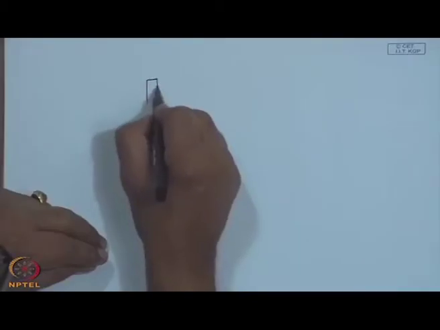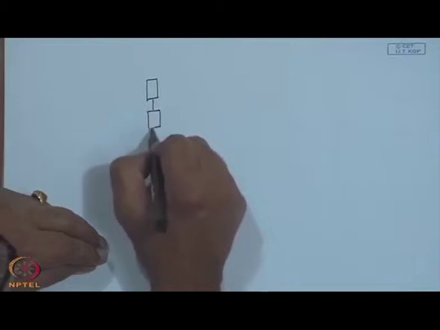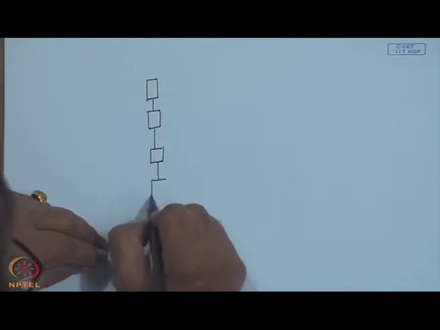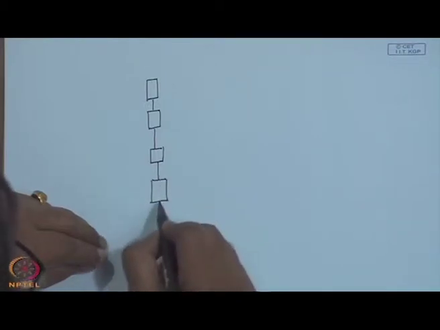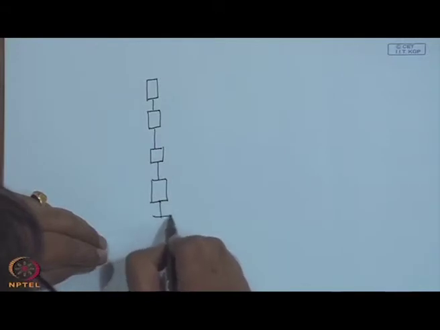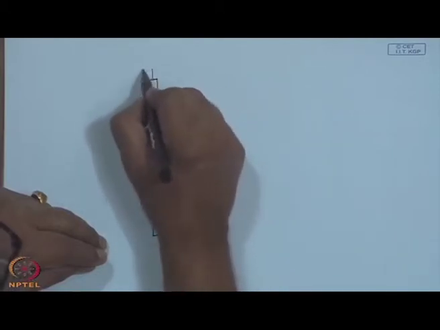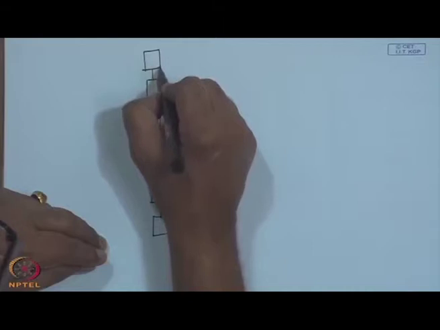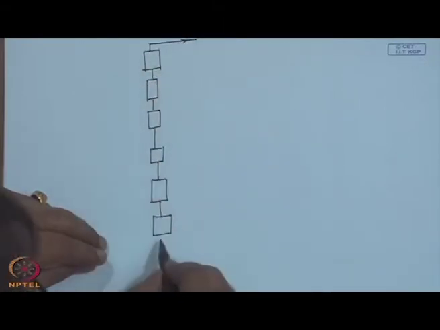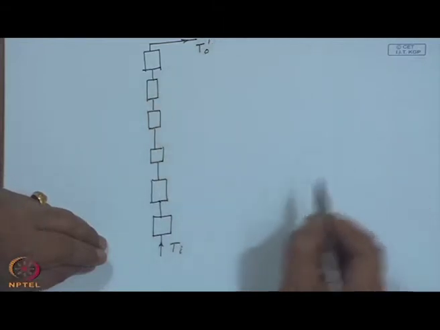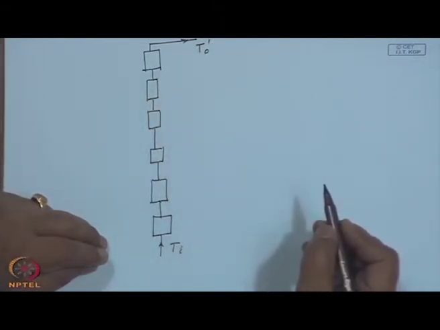Instead, I will have the arrangement like this. They have become a little smaller because I have to adjust it in the height of the paper in the landscape mode. So, this enters at T I. In general, this may go out at T O dashed, which may be different from T O when they were all in parallel.